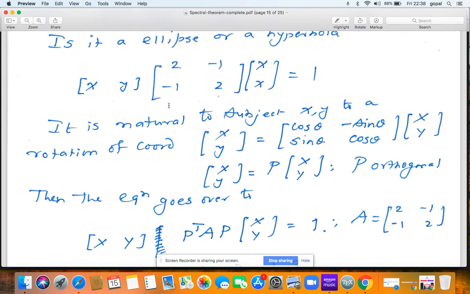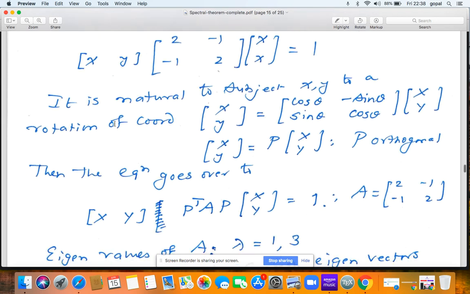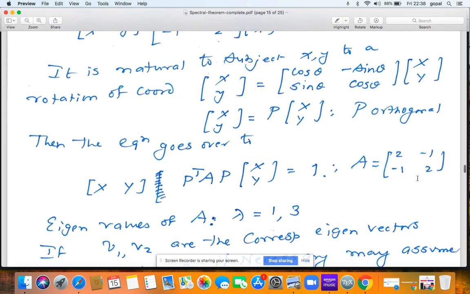What happens? How does the equation transform? The equation transforms, remember little x, little y is P times capital X, capital Y. So it will be row (X, Y), P transpose A P, column (X, Y), equal to 1, where A is the matrix [2, -1; -1, 2].